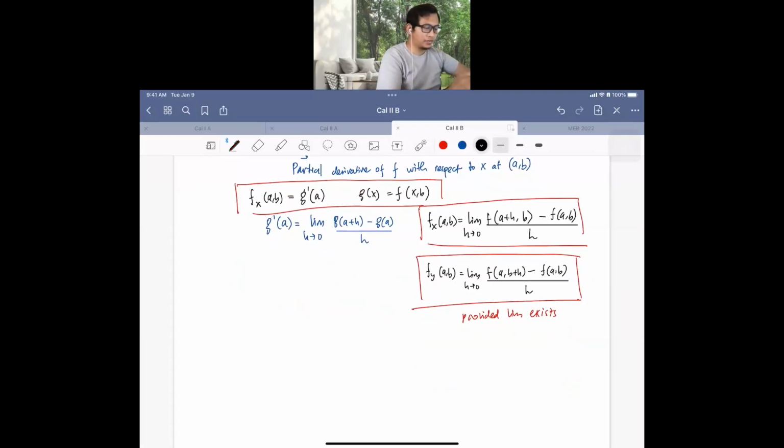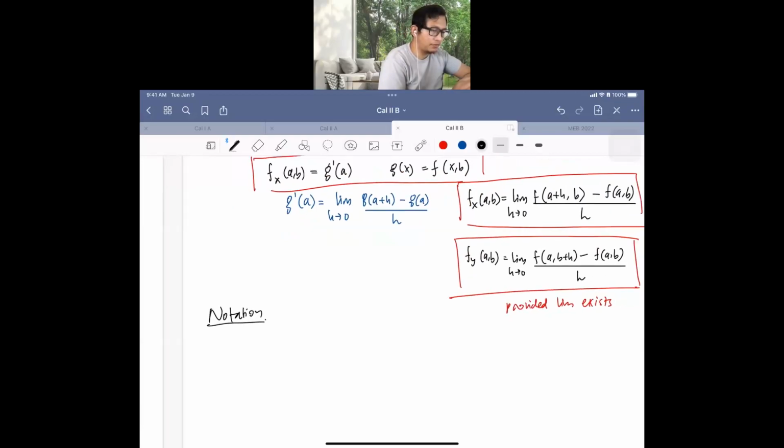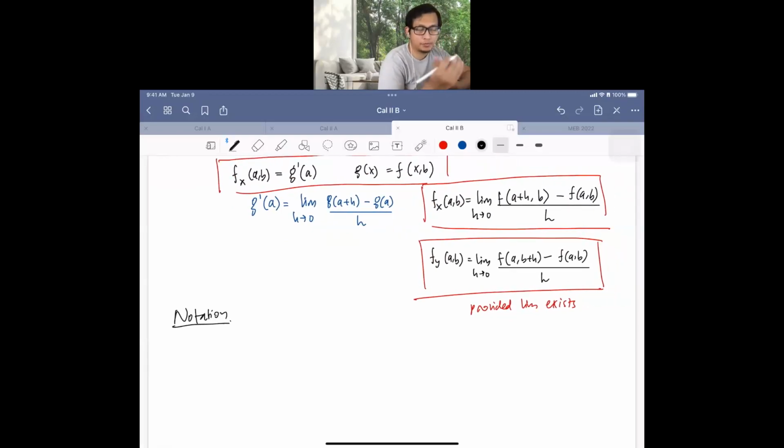Okay, and the notations that we can write. There are several notations that we can use, and it's up to you. You can pick which one you prefer. For example, the partial x, let me say partial x as the partial derivative of f with respect to x.